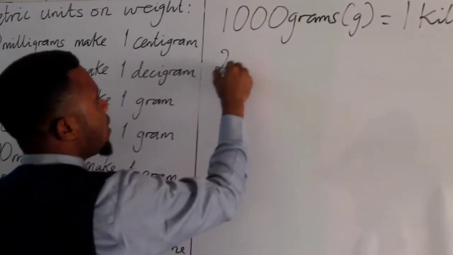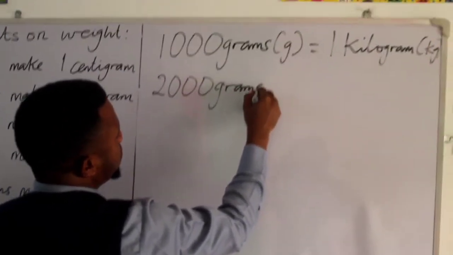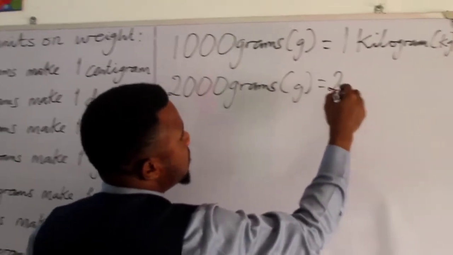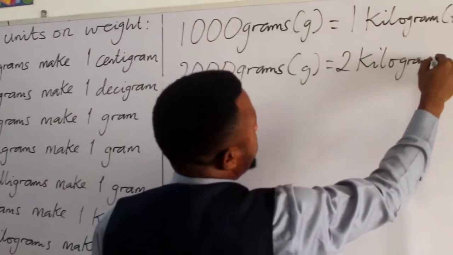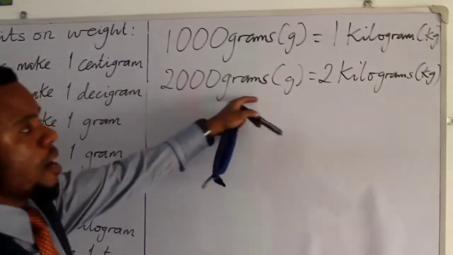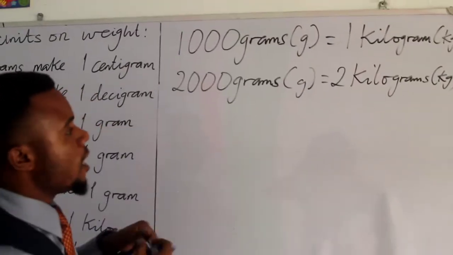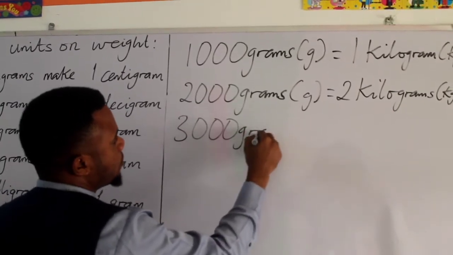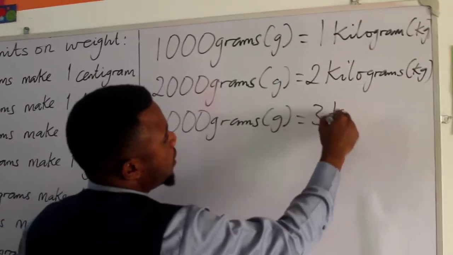2000 grams is also equal to 2 kilograms. 3000 grams is equal to 3 kilograms.